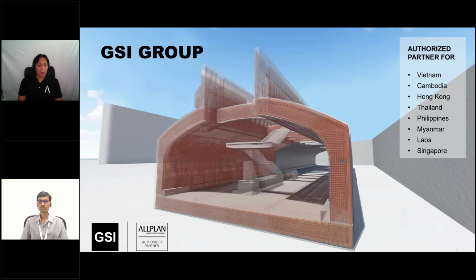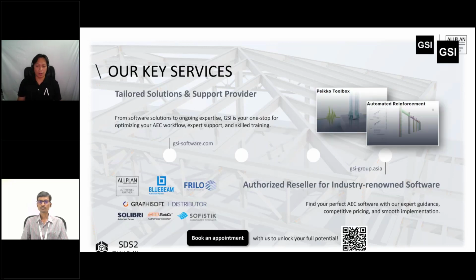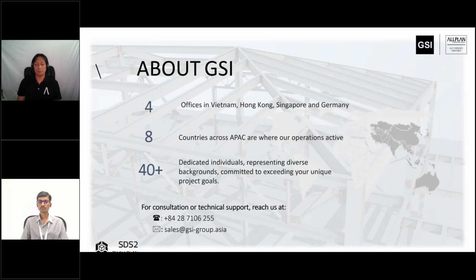We have 4 offices: in Vietnam, Hong Kong, Singapore, and of course Germany. As I mentioned, we are authorized to sell the Allplan software in 8 countries.